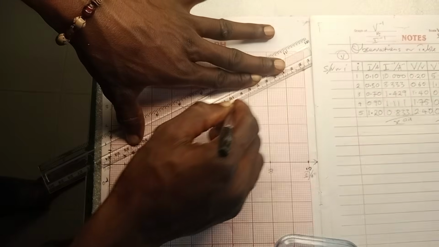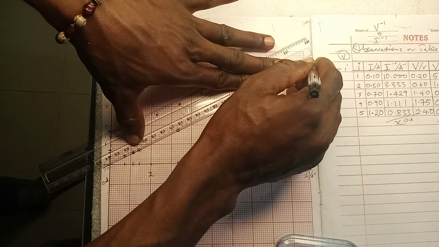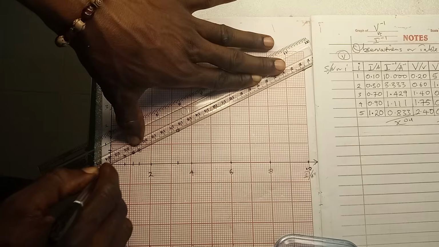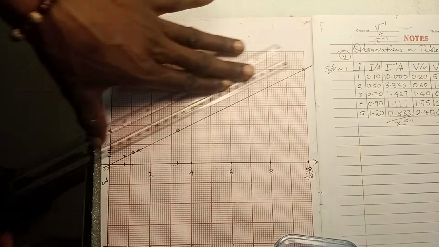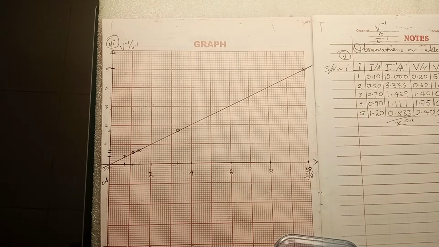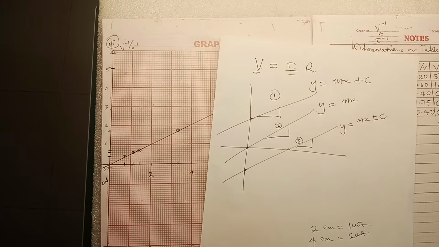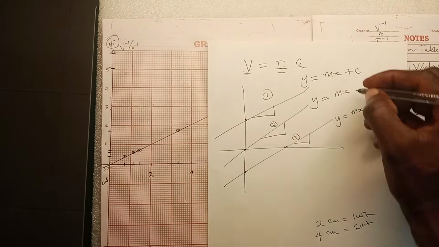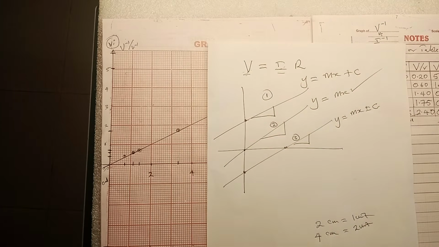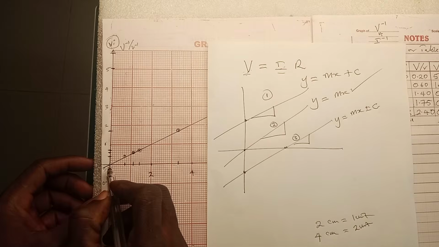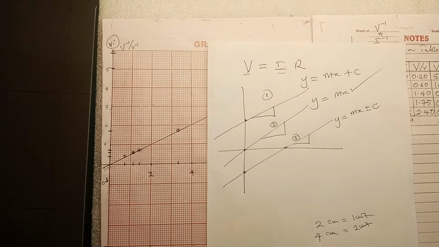Don't force your line to pass through the origin. It will naturally pass through the origin. What do you see? Perfect. I predicted 3 graphs. And right now, this graph is the graph we have. The graph is passing through the origin with no intercepts.